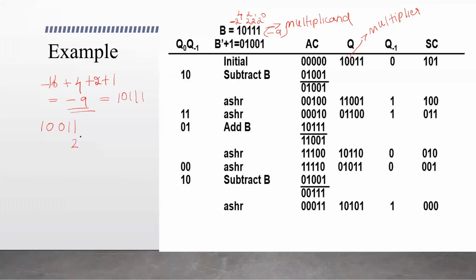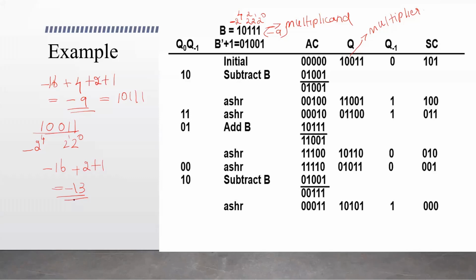This is 2 power 0, 2 power 1, 2 power 2, 2 power 3, and 2 power 4. This is negative. Minus 2 power 4 is minus 16 plus 2 plus 1. This is minus 13.